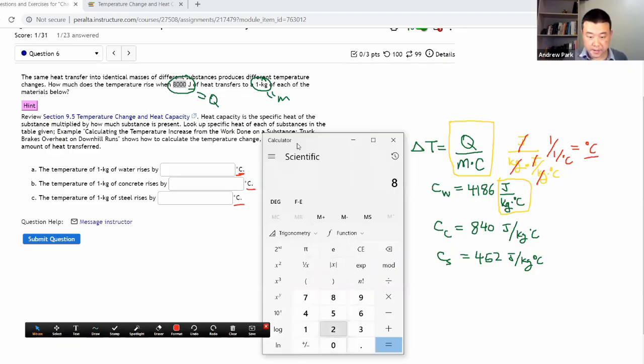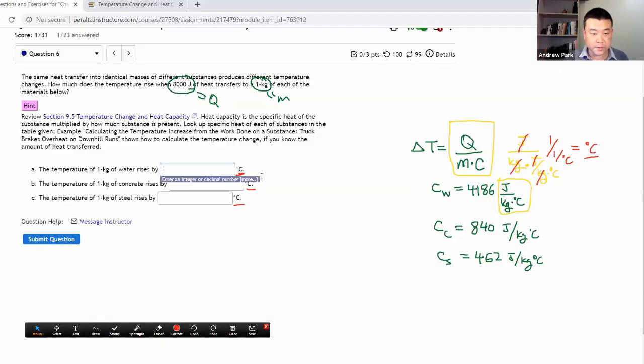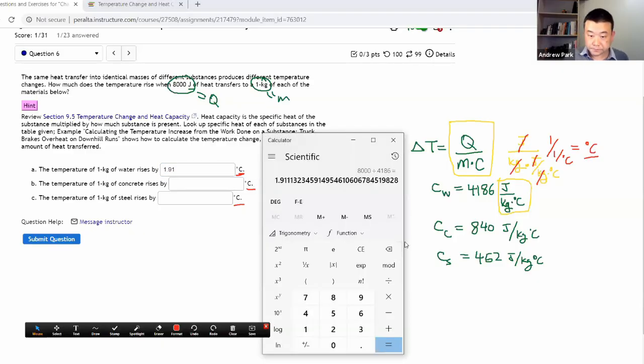So the heat is 8,000 divided by, mass is just gonna be 1, so I'm not gonna plug in anything for that. So for water, it'll be 4186 for specific heat capacity. So that's 1.91 degrees C of change, 1.91. All right.